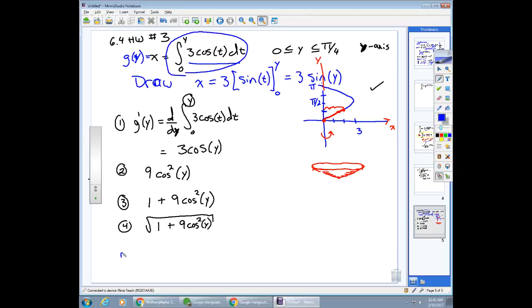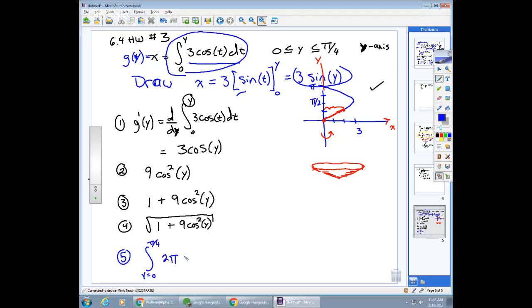So general form of an integral like this, we're going to integrate here as y goes from 0 to pi over 4. And then we have 2 pi times our function. Now our function, again, is this crazy integral right here, but we reevaluated it over here.